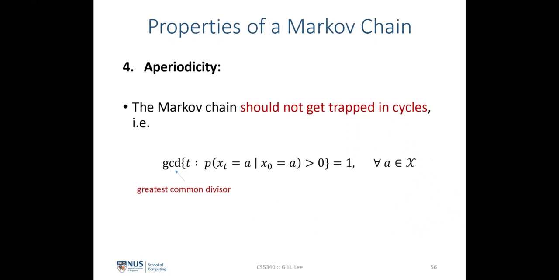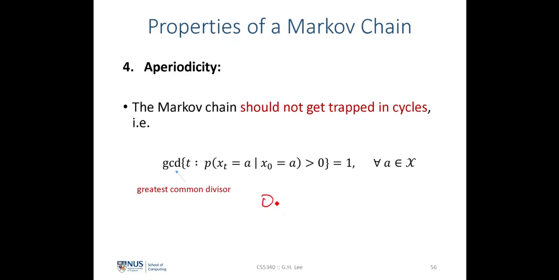Another property of the Markov chain is what we call aperiodicity, and this means that the Markov chain should not get trapped in any cycles. The states that we are in for any random variable should not be cyclical. It should not occur in a periodic manner.